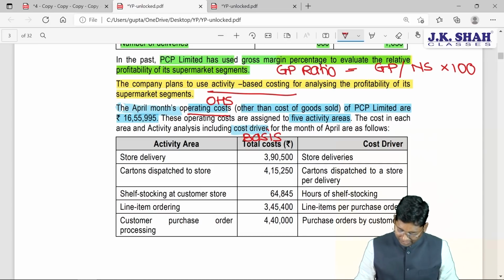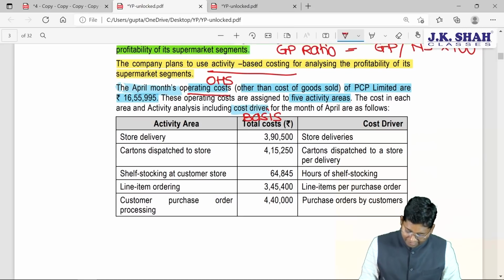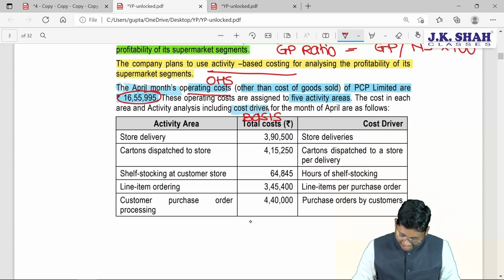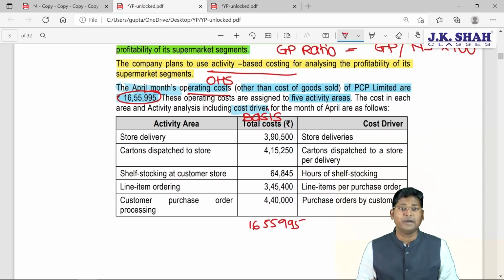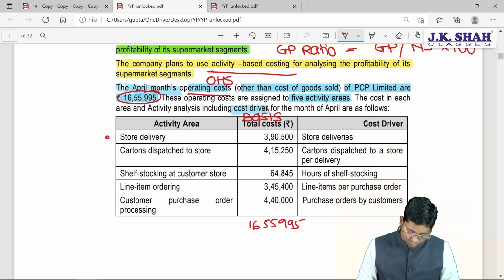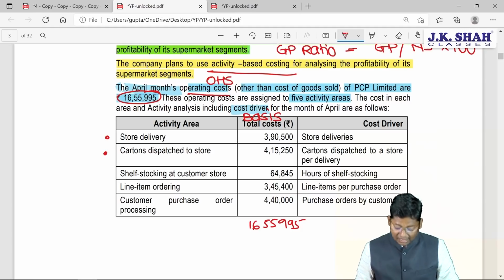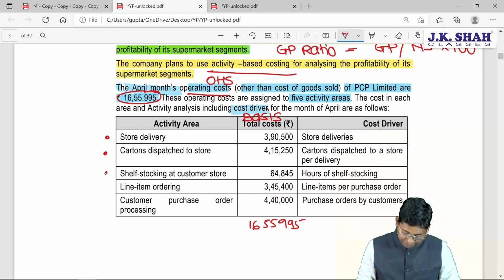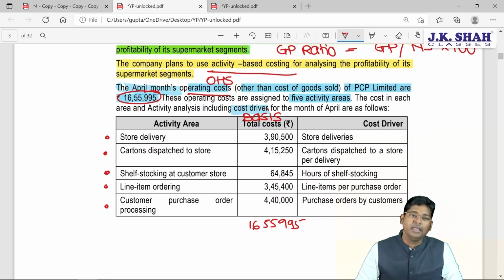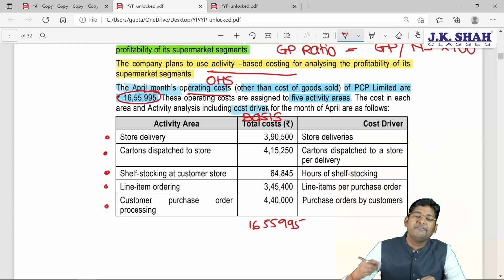For the month of April, if you check, they have bifurcated this 16,55,995 into 5 parts, where the first part is store delivery activity, second is cartons dispatch activity, shelf stocking activity, line item ordering activity, and last is the order processing activity. So total 5 activities they have identified.